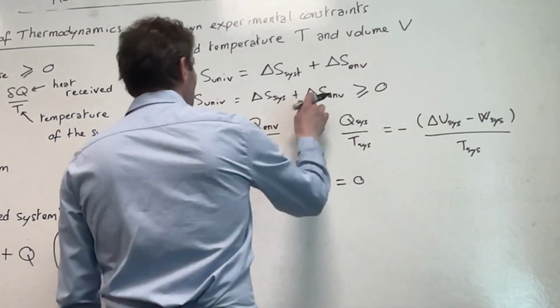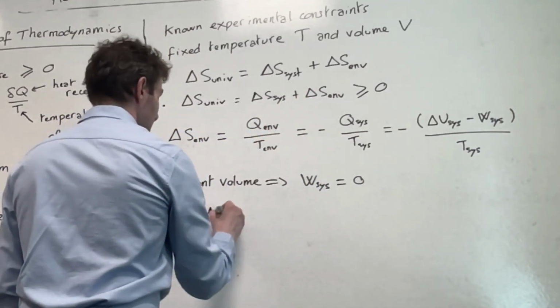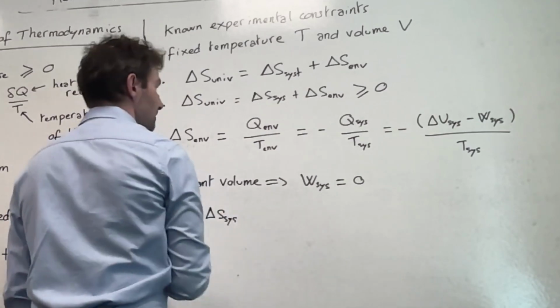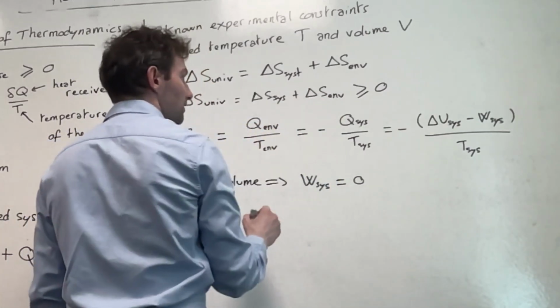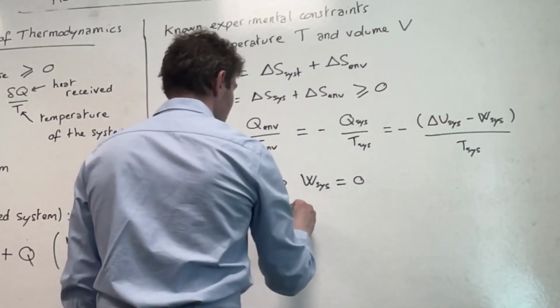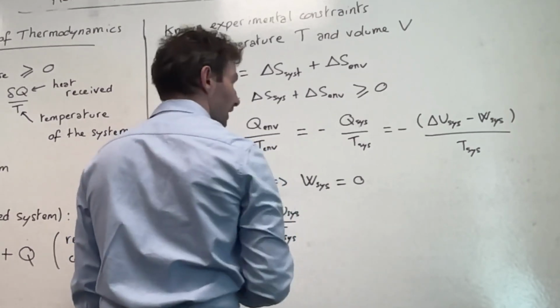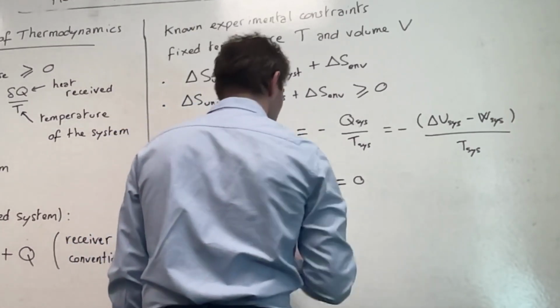And so upon replacing here, I'm going to get that delta S system plus delta S environment, which is minus delta U system divided by T system, has to be larger than or equal to zero.